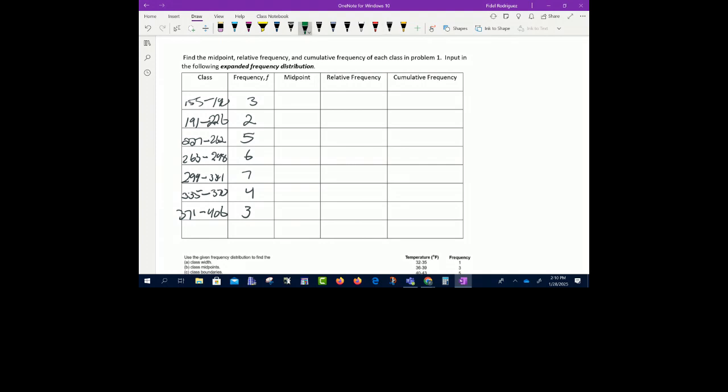Okay, so now, y'all, we're going to fill out 3 more columns. We're going to fill out what we call the midpoint, the relative frequency, and the cumulative frequency. The midpoint, y'all, the way we're going to find the midpoint, we're going to take those numbers right there. We're going to take 155 and add 190 and divide it by 2.